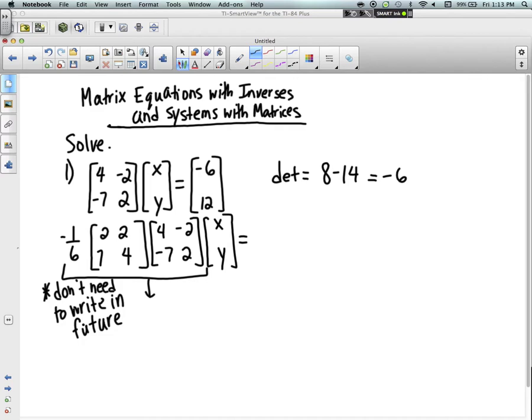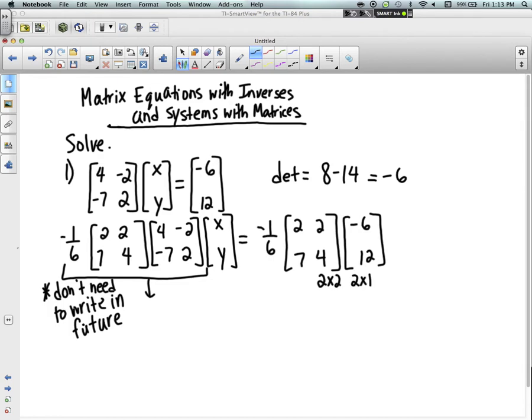The important thing is that we're multiplying the other side. So notice the order that we're multiplying, we're making sure that the dimensions do match up.